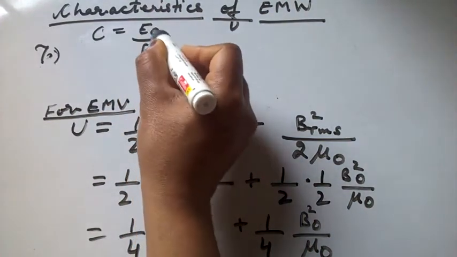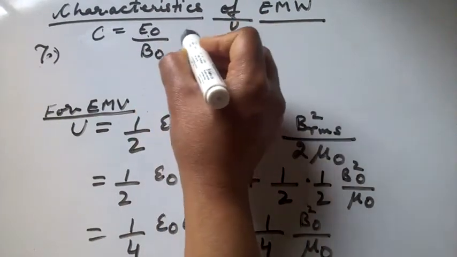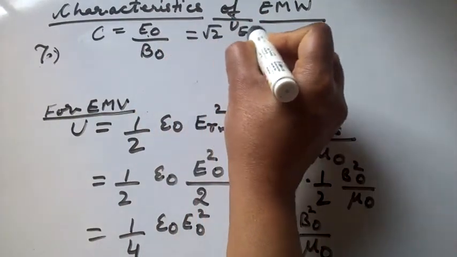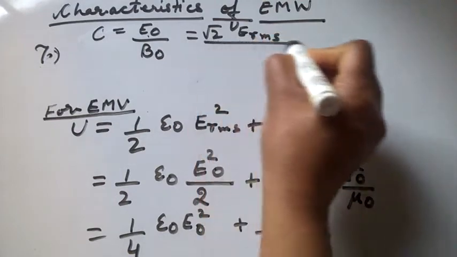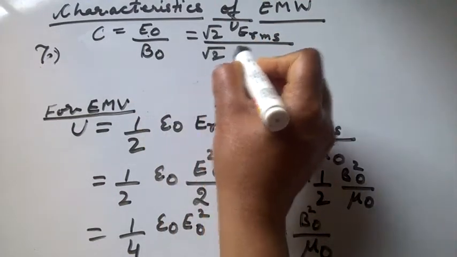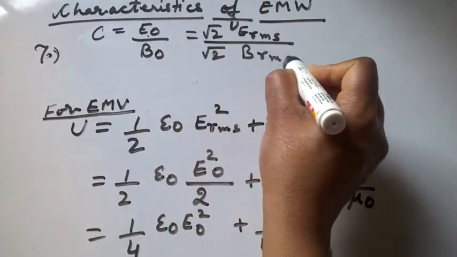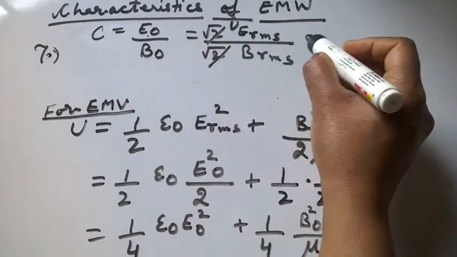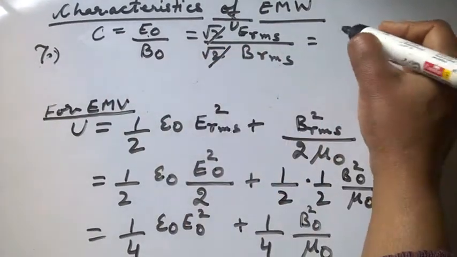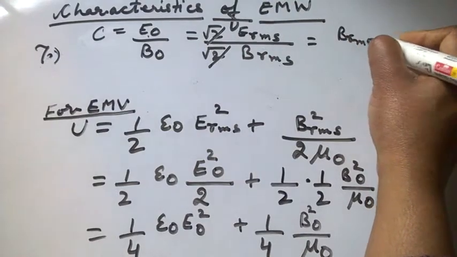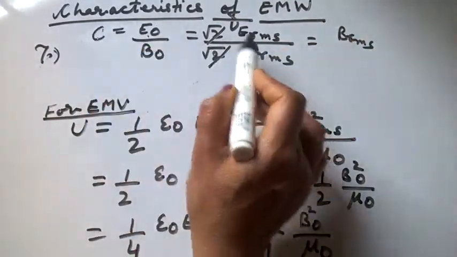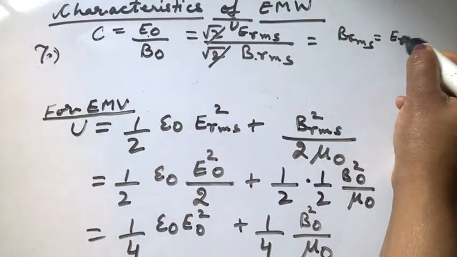As we know that E naught is equal to root 2 of ERMS, and B naught is equal to root 2 of BRMS, therefore we get BRMS is equal to ERMS by C.